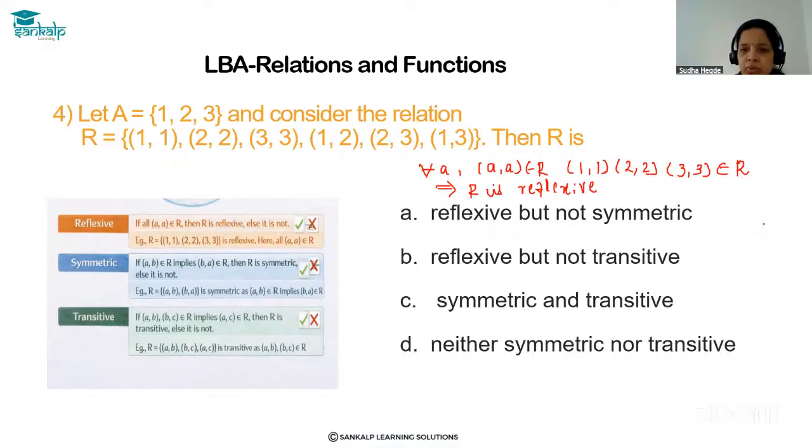Now, (1, 2) belongs to R, but (2, 1) does not belong to R. This implies R is not symmetric. Okay? R is not symmetric.